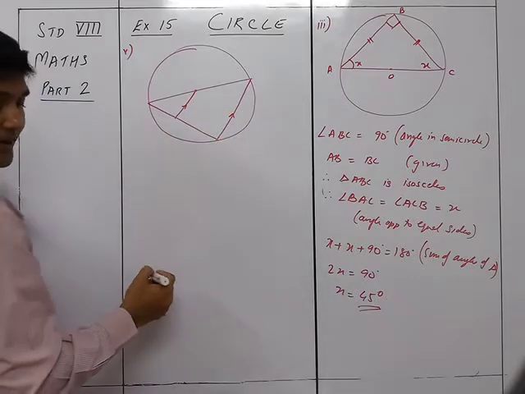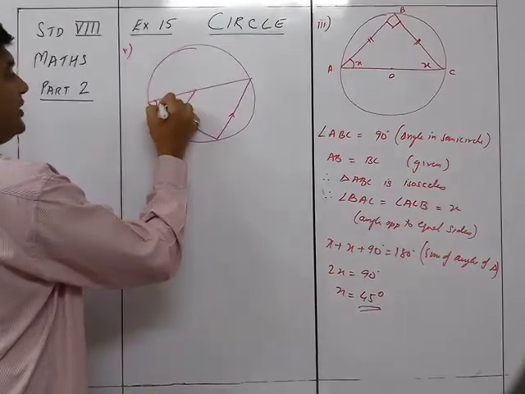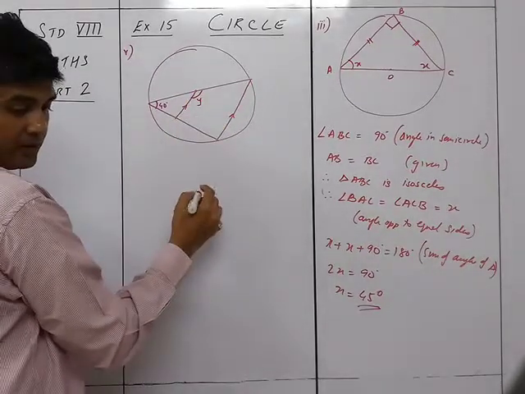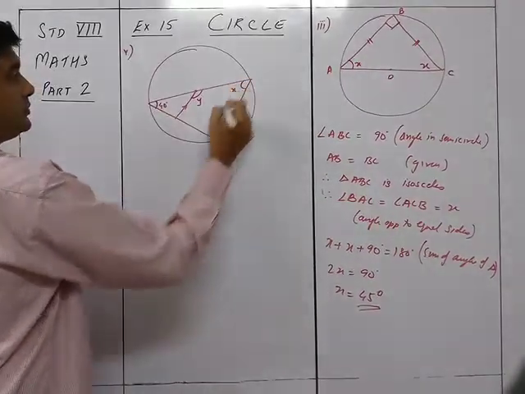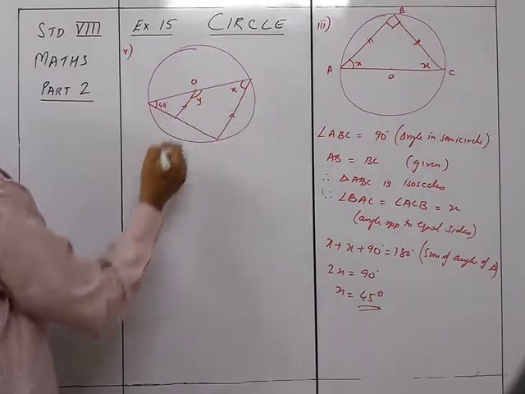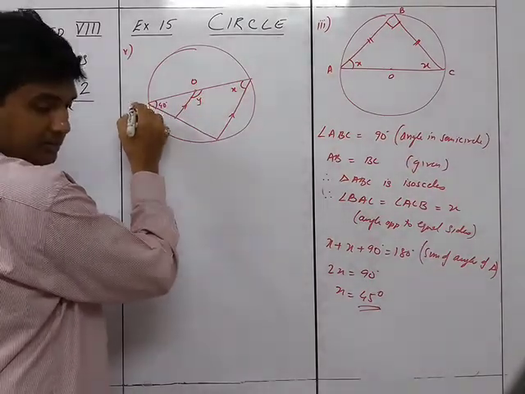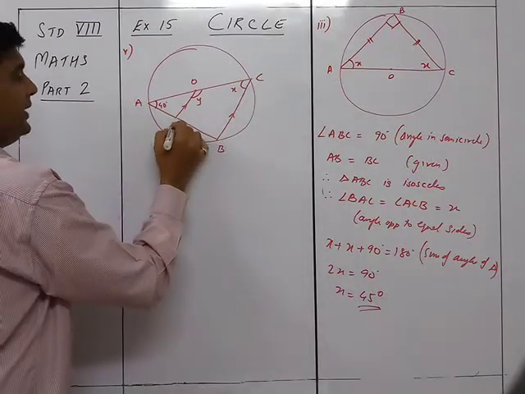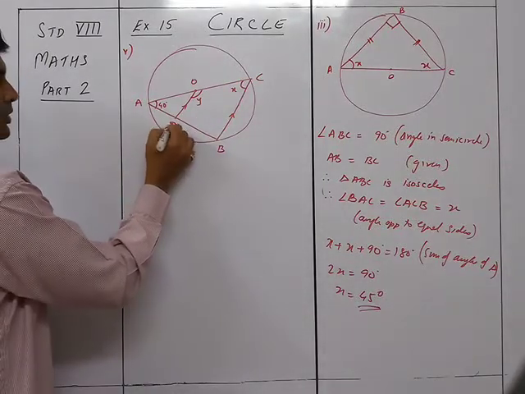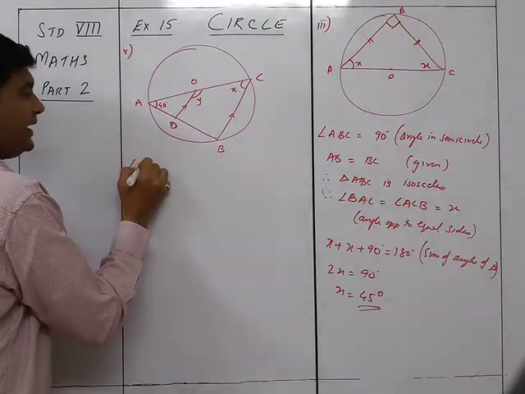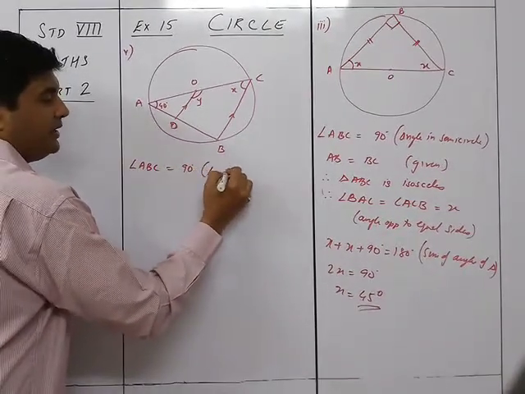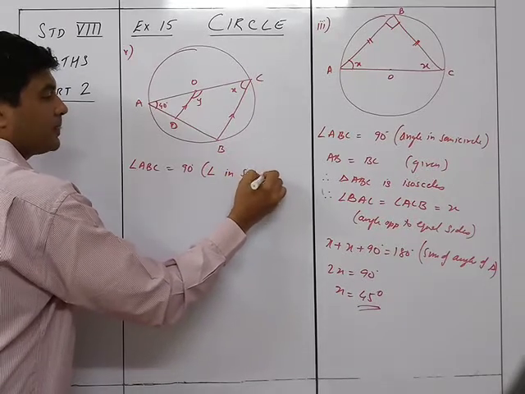We see the fifth sum. They are given that these are parallel lines and this angle over here is 40 degrees. You need to find out this y and this x. So quite a simple one again. You are going to take this as A, B, C and D. So first of all, you know that angle ABC is equal to 90 degrees, angle in semicircle.